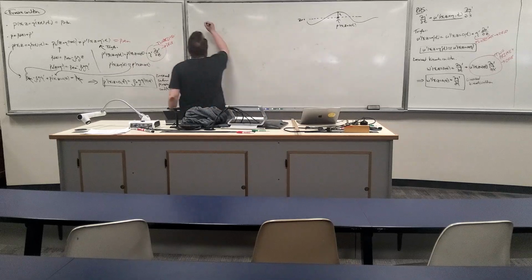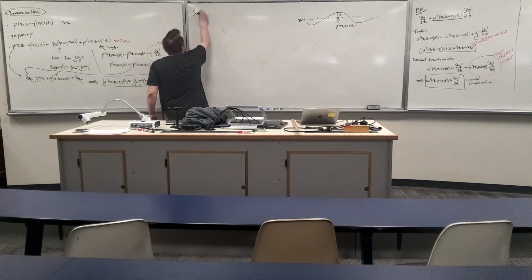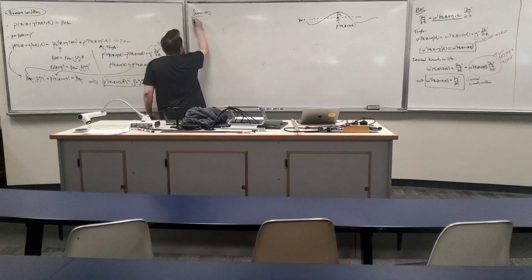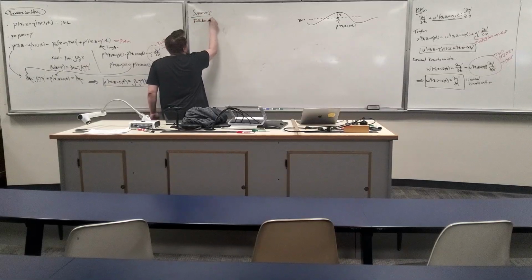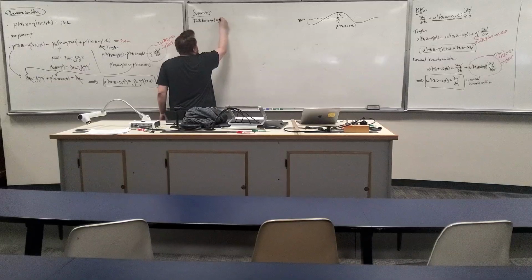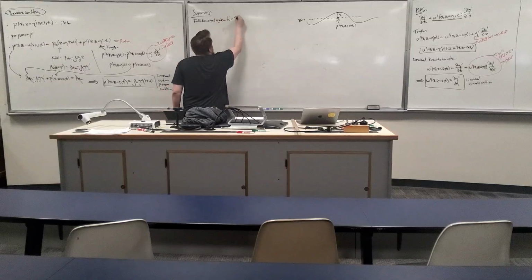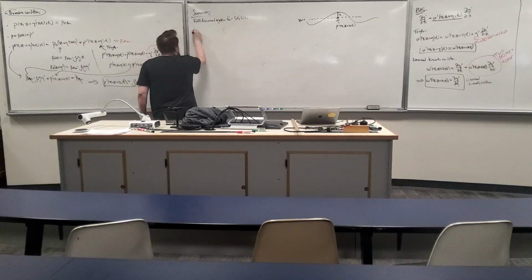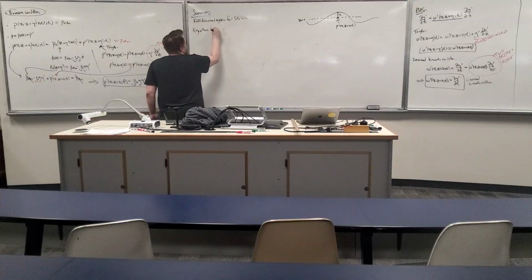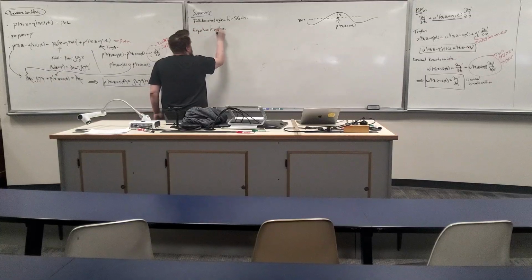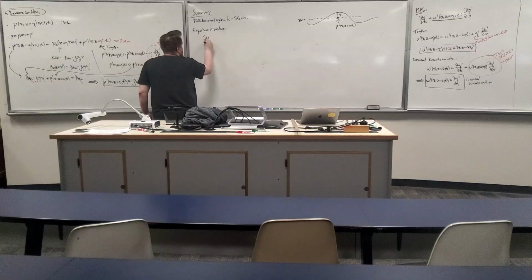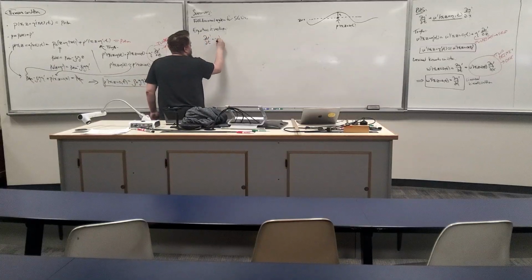Okay, so summary. Full linearized system for surface gravity waves. We have equations of motion: du prime dt equals minus 1 over rho naught dp prime dx.